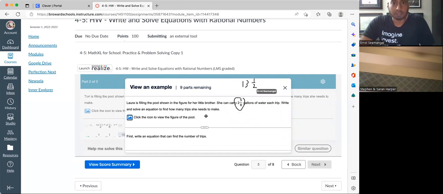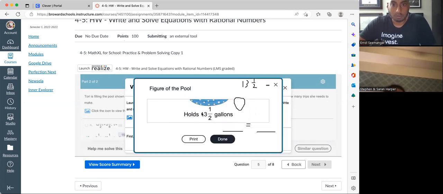What's the equation of the problem? What goes here? What's the total capacity of the pool? 13 and a half.